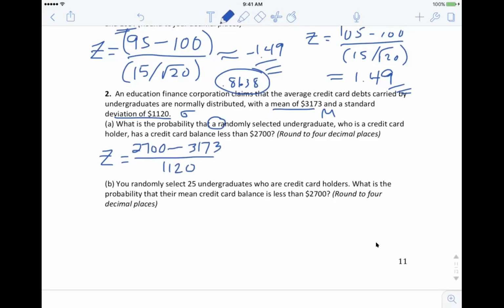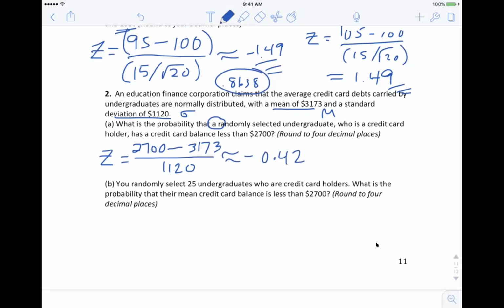So there's my z-score: 2,700 minus 3,173, divided by 1,120. I'm getting approximately negative 0.42. And then I've got to change that to an area under the curve.